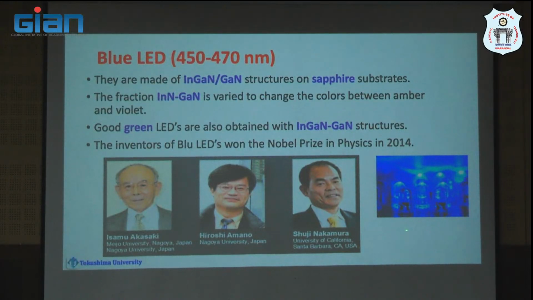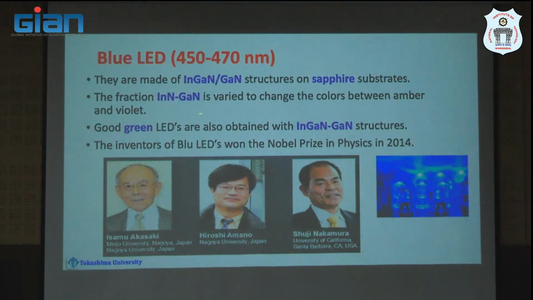You might have read the story or seen the news. Ten years before, maybe you were a high school or junior high school student. They made indium gallium nitride and gallium nitride heterojunction on a sapphire substrate initially to make the blue LED.